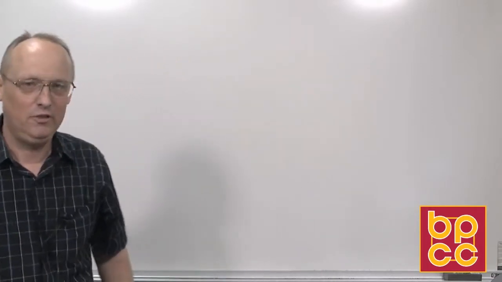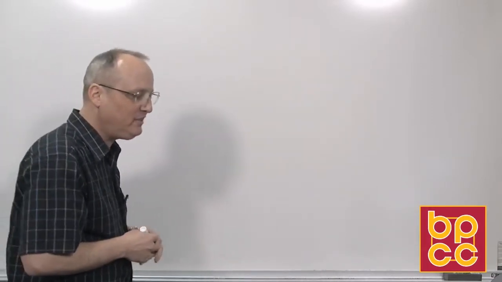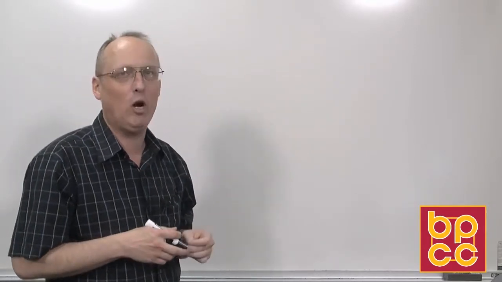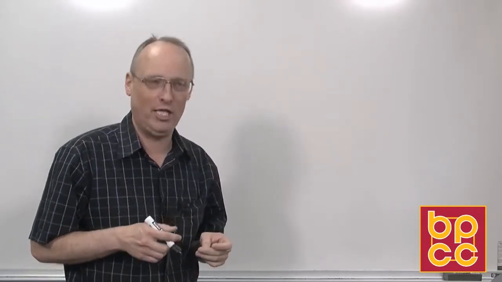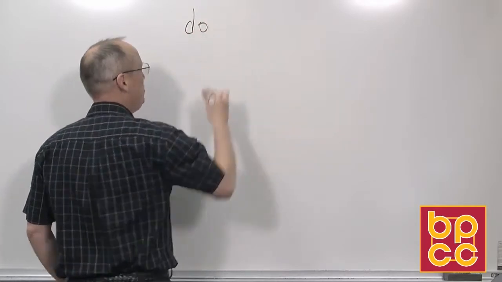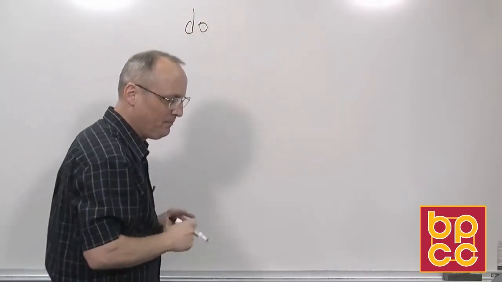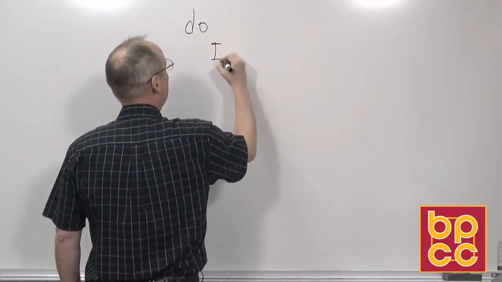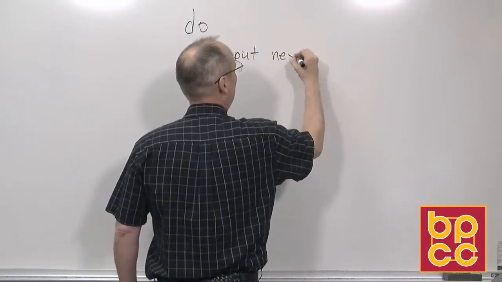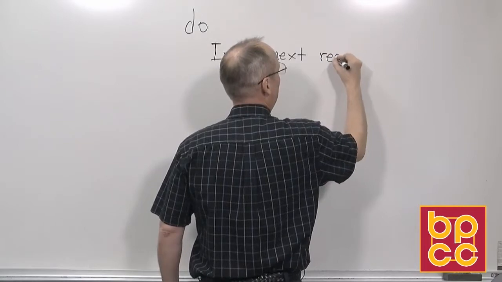The final loop is a do-while loop. The do-while loop is very similar to the while loop, except that the do-while loop is configured so that it will always run at least once. It will start with a do. And let's say we perform some sort of operation here where we will input next record.